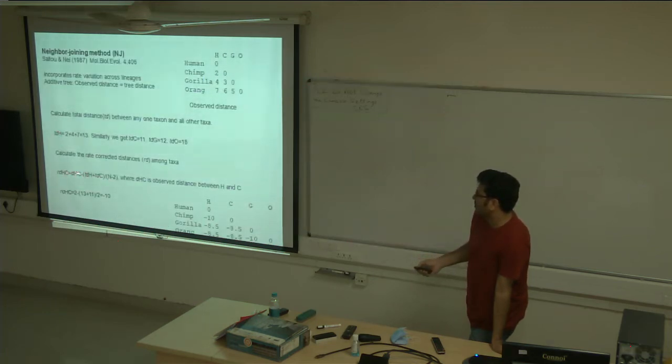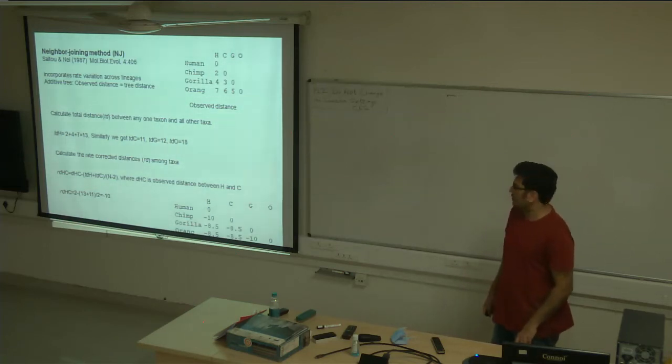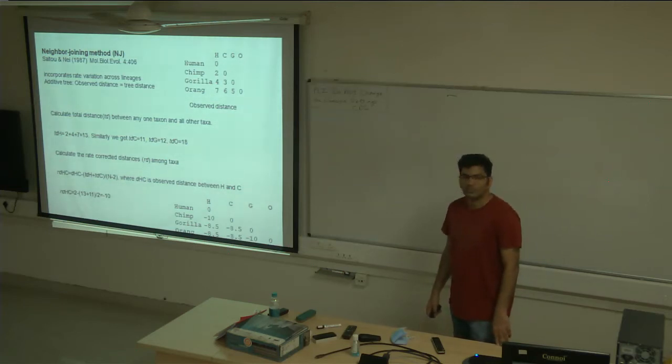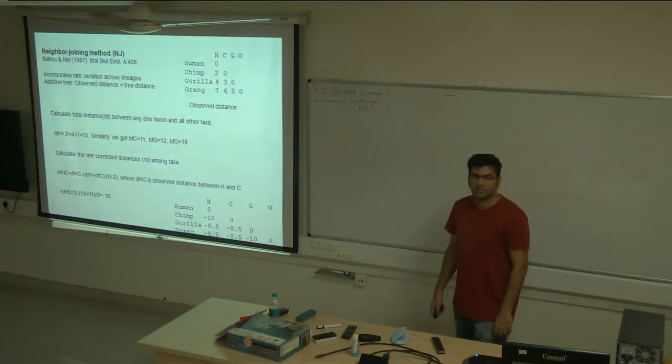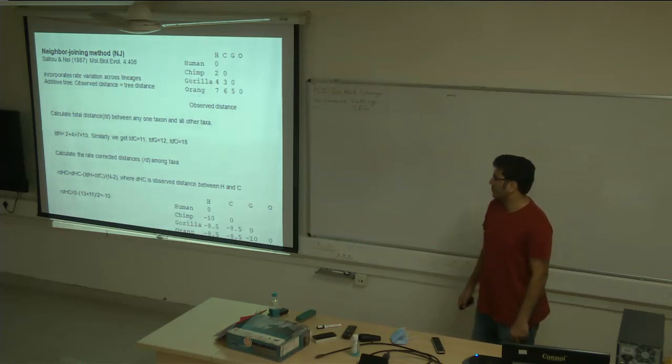The total distance is the distance between that particular taxon and every other taxon, and that goes into the calculation of the difference in rates along different lineages, which is how it calculates the rate correction. If you look at the rate corrected distance, it is the distance between human and chimpanzee, which UPGMA would directly use.